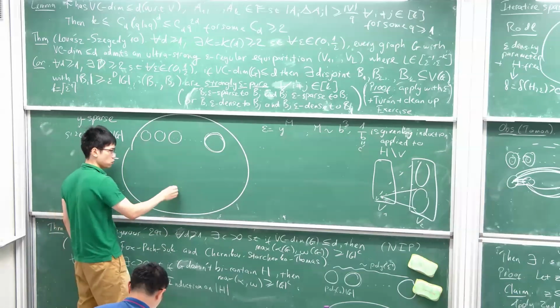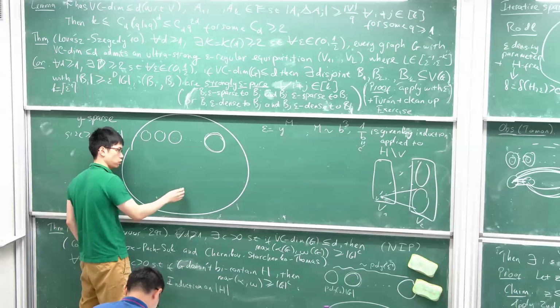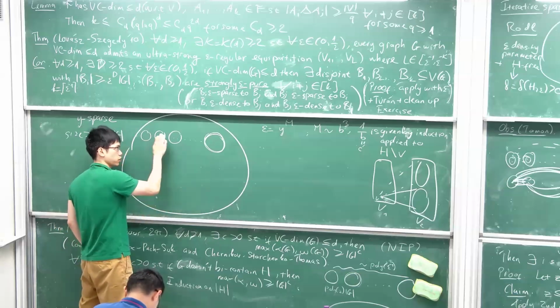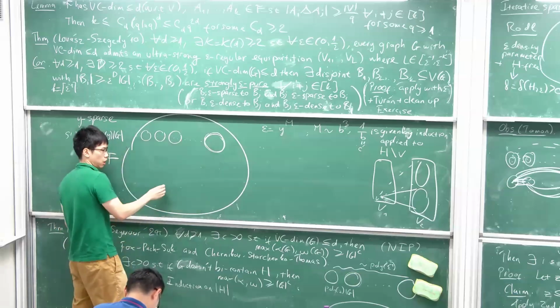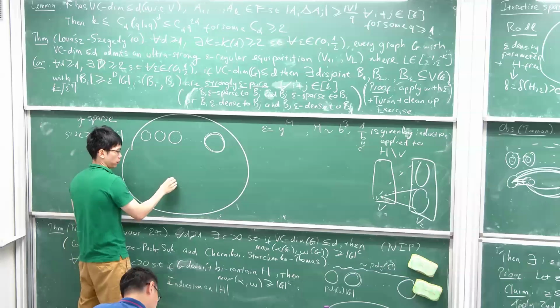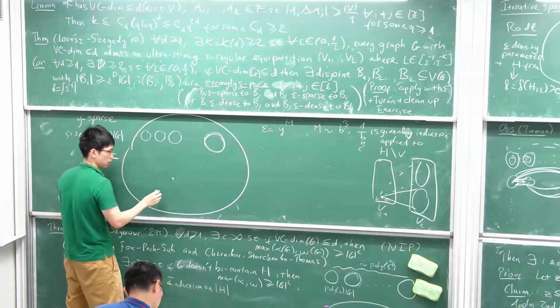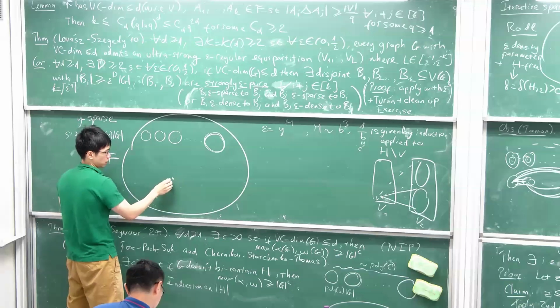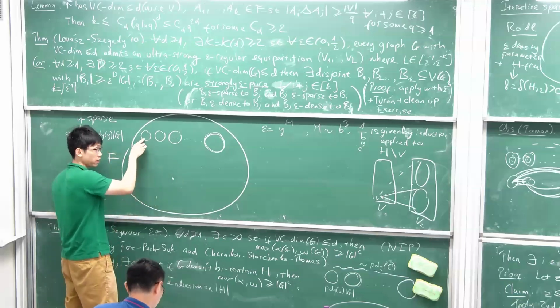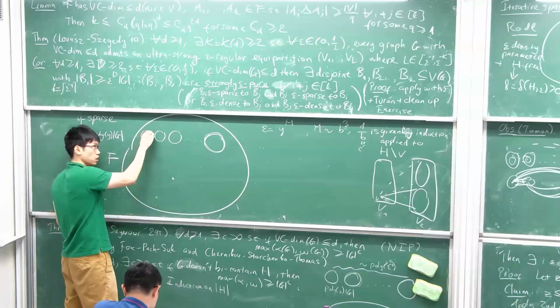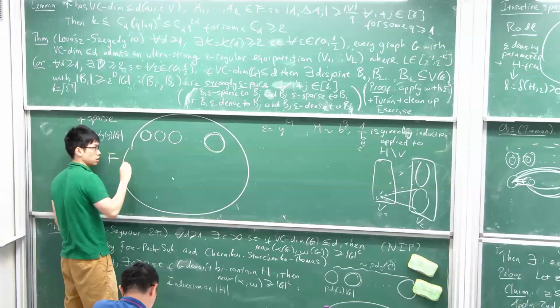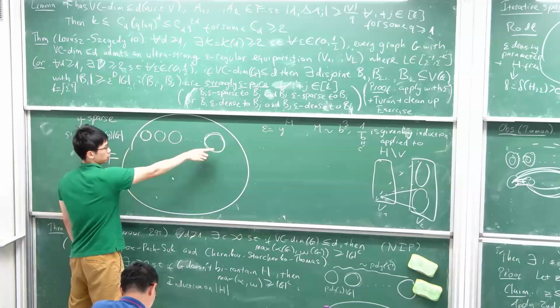Now, what you want to do is to try to look at how the rest of the graph attaches to this structure. And in this case, the kind of attachment that I want to look at is having a neighbor and a non-neighbor inside some particular block in this sequence.